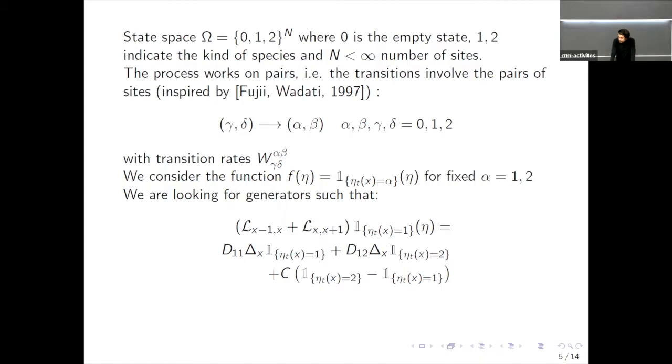Let us notice that here we do not want any constant term in the action.